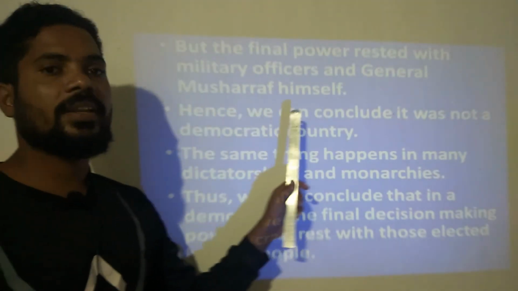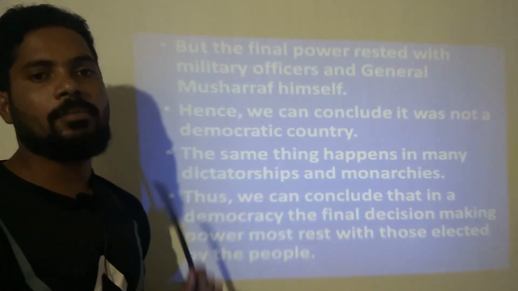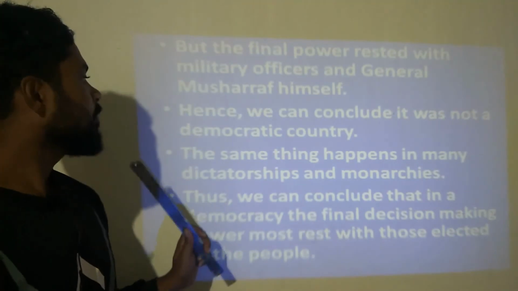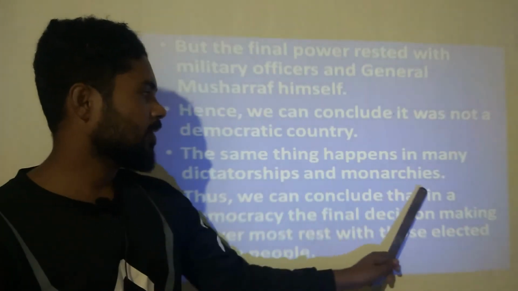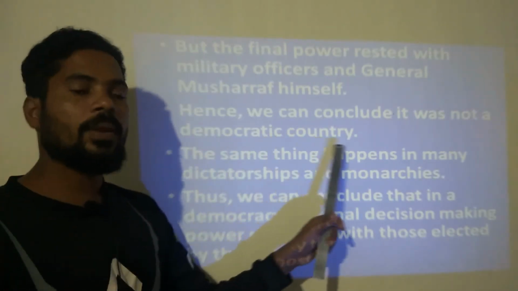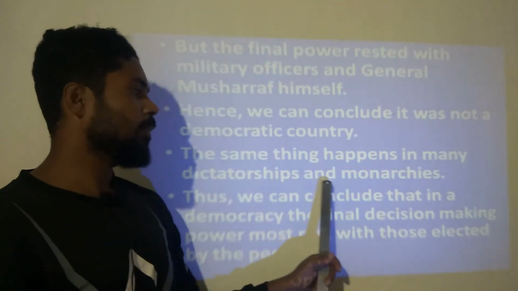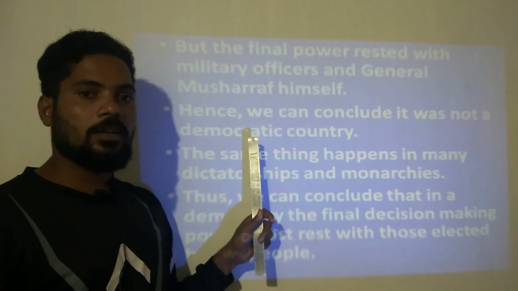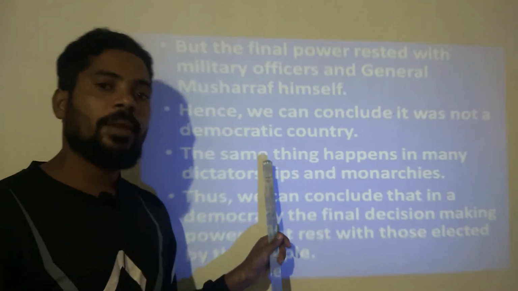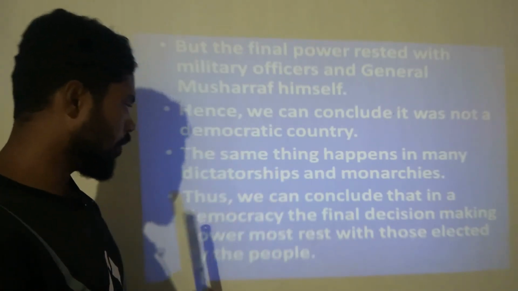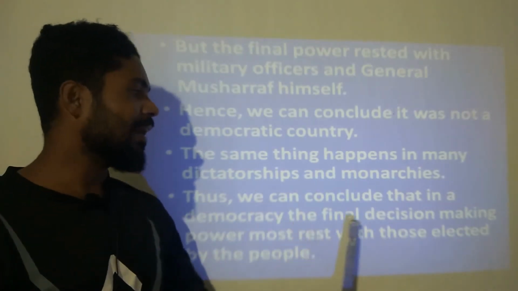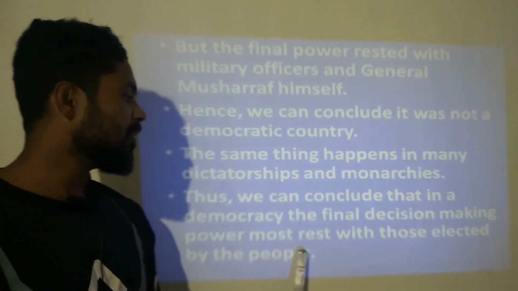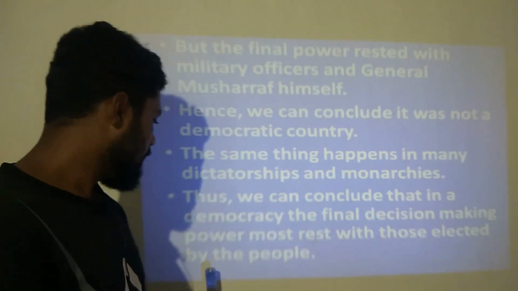And the same thing happens in many dictatorships and monarchies, like Chile, Ghana, Myanmar. So we can conclude that in a democracy, the final decision making power must rest with those elected by the people.